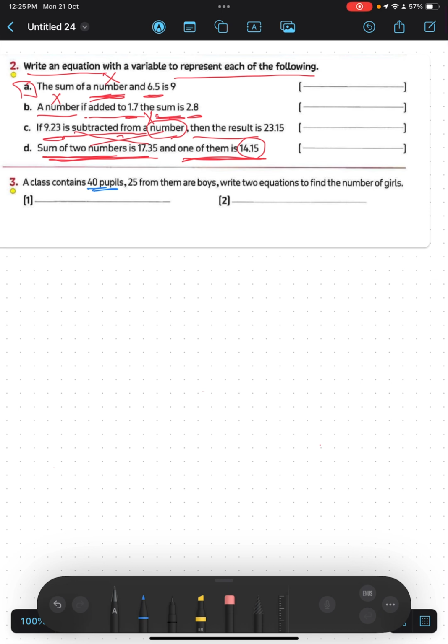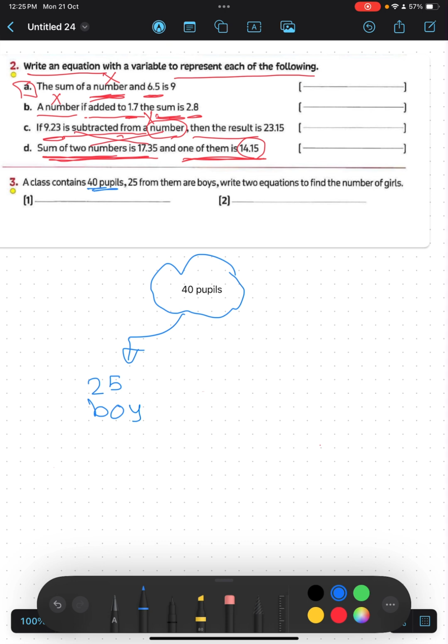A class contains 40 pupils. أنا عندي التوتال 40. فأنا عندي التوتال إيه؟ التوتال 40. تمام. طيب ال 40 25 منهم boys. أنا عندي 25 boys.